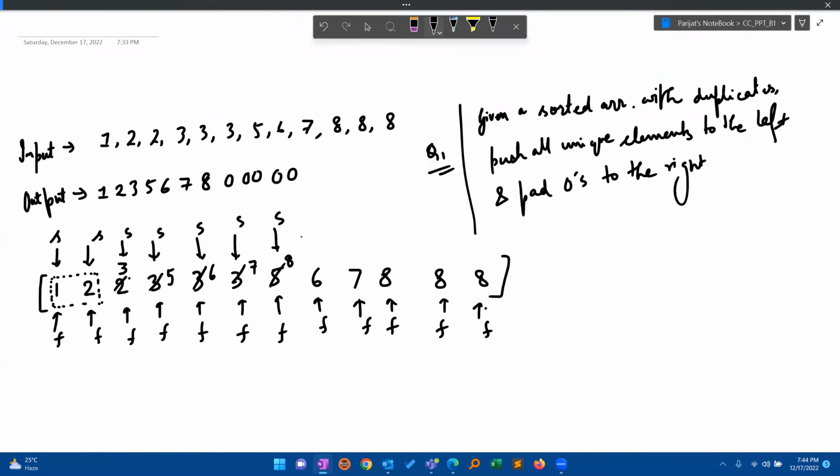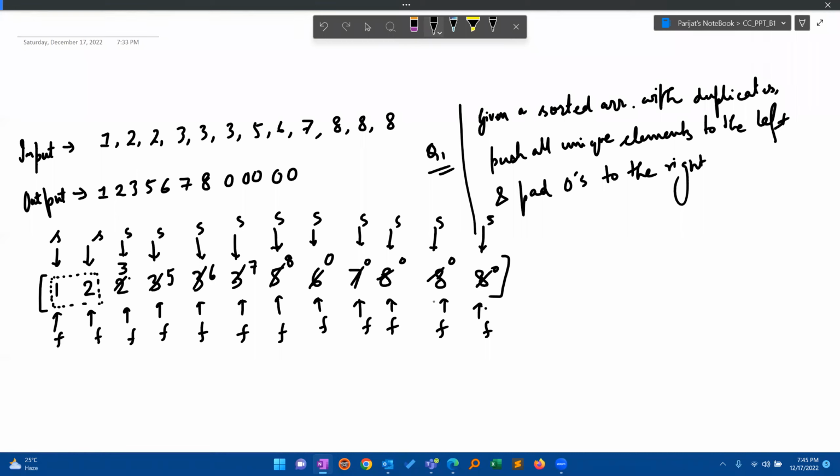Now we have a second for loop, and in that we increment the second by 1, and until second reaches the end, we make them all zeros. Either until second reaches the first or second reaches the end is fine.